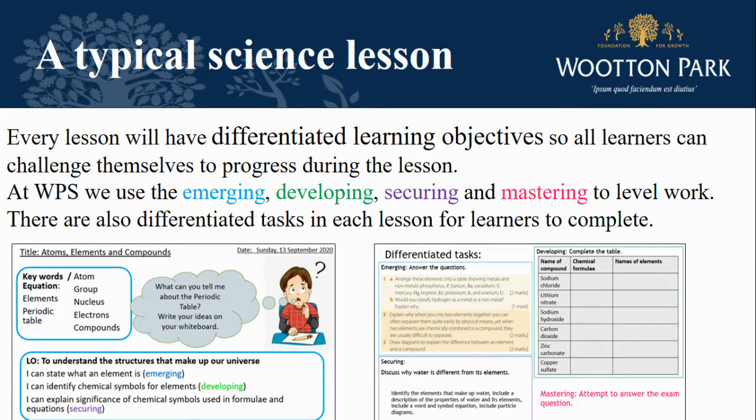At Wootton Park School, we use emerging, developing, securing and mastering to level work. There are also differentiated tasks in each lesson for learners to complete that again are aimed at learners reaching those different levels. And again, you can see a sample of the work that we might set in the bottom right-hand corner of the slide here.